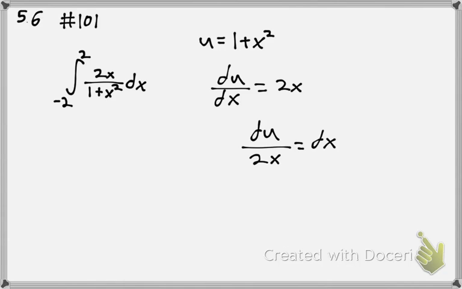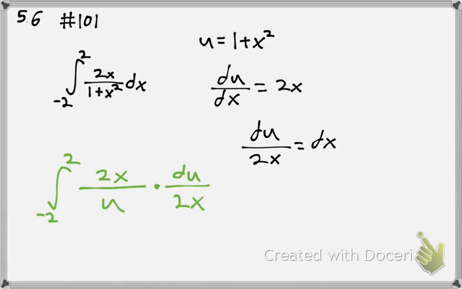And so now we're going to plug in those variables. So we have the integral from -2 to 2 of 2x over u times du over 2x.